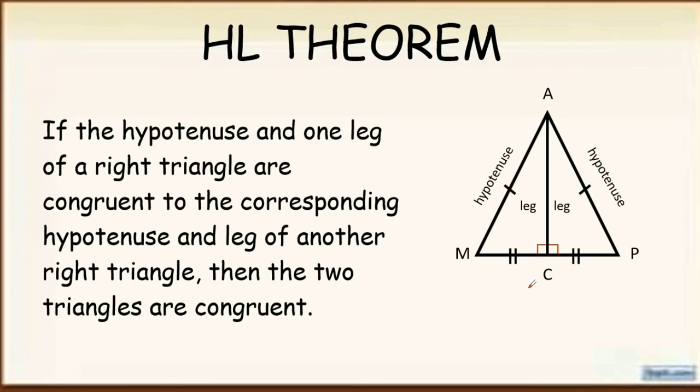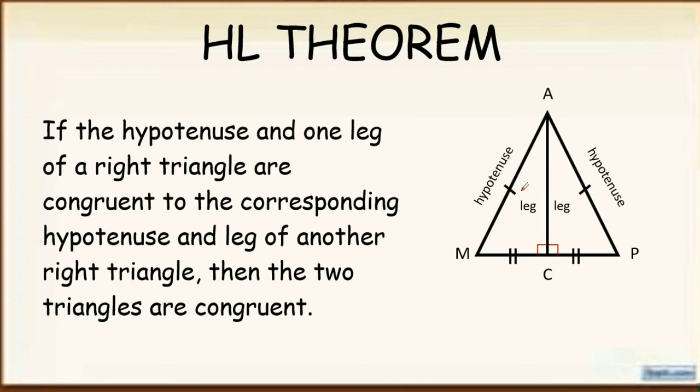So, kung yung hypotenuse po ng isang triangle, si triangle ACM, is congruent to the hypotenuse of triangle ACP, and another leg is congruent to one leg of another triangle, then these two triangles are congruent.